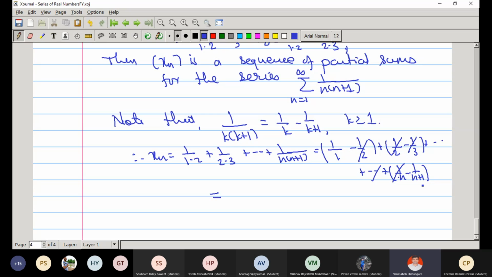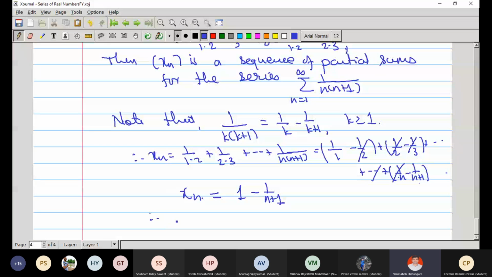For minus 1 by n plus 1, there is no next bracket to cancel. So ultimately what remains? All in-between terms get cancelled, so only this will remain, and therefore xn is this. This is the sequence of partial sums.